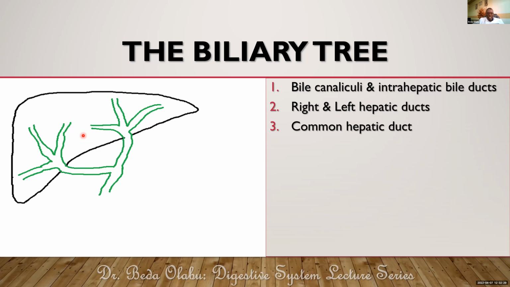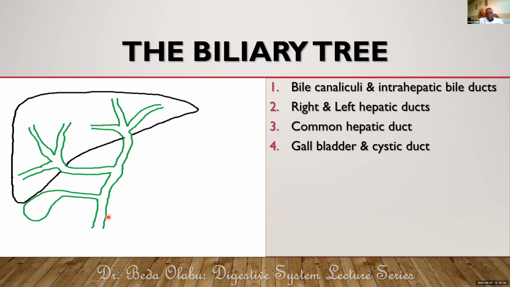We had intrahepatic ducts, now right and left duct, and now common hepatic duct. The common hepatic duct is joined by the duct from the gallbladder. The duct from the gallbladder is called the cystic duct. These two join to form what we call the common bile duct, commonly named the CBD.